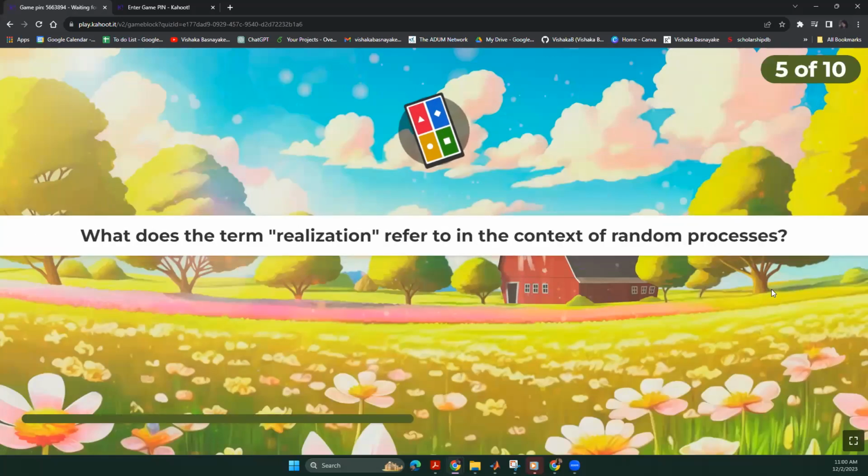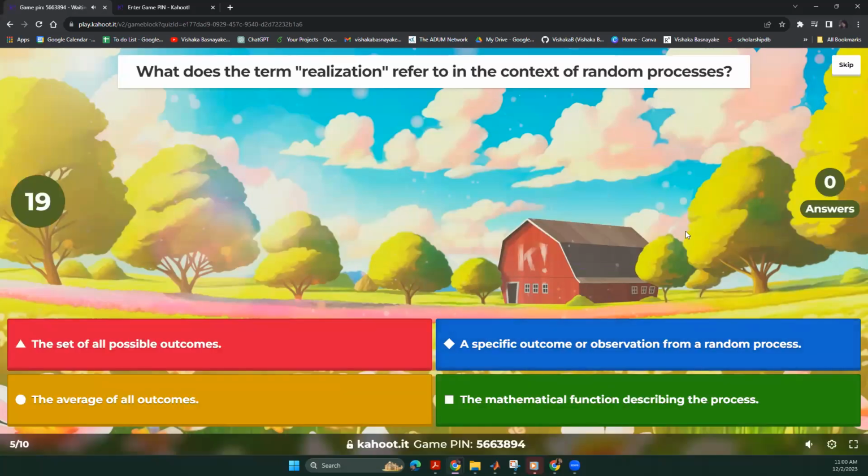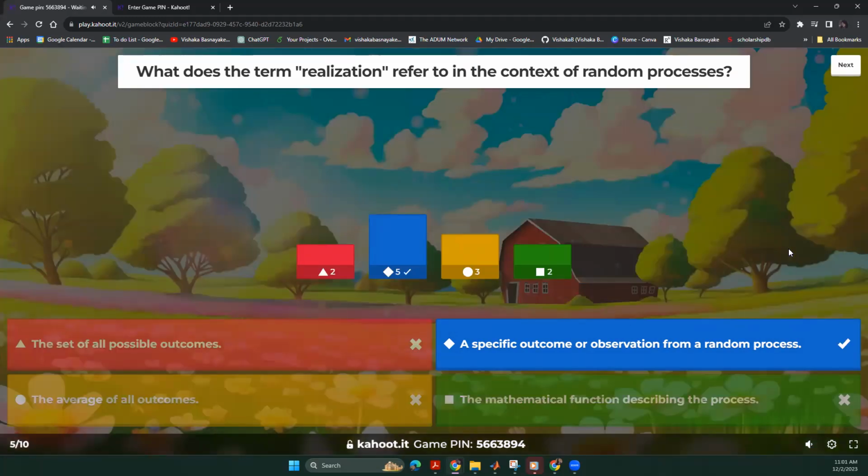What does the term realization refer to in the context of random processes? The set of all possible outcomes, a specific outcome or observation from a random process, the average of all outcomes, or the mathematical function described in the process. You need to select the most clear answer, which is the second one.